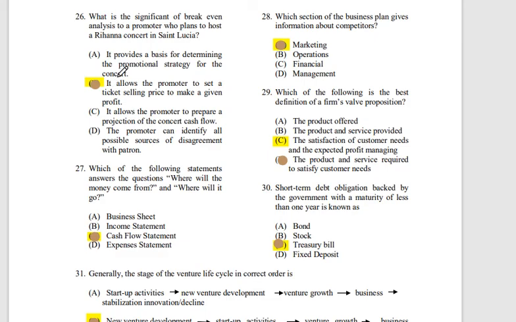So that's B. It allows the promoter to set a ticket selling price to make a given profit. 27. Which of the following statements answers the question, where will the money come from and where will it go? And that's the cash flow statement.